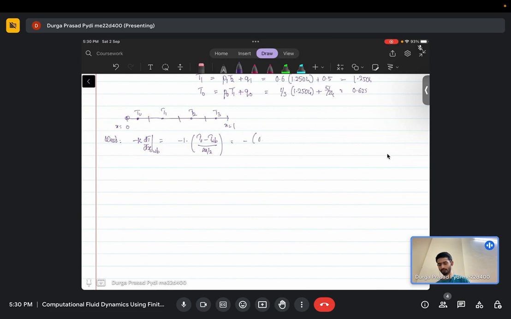We have the value by, and similarly on the east boundary.